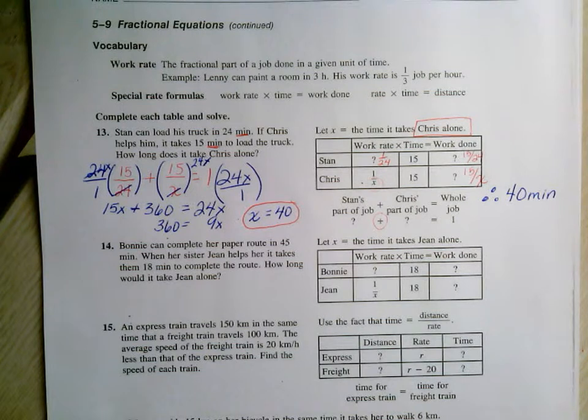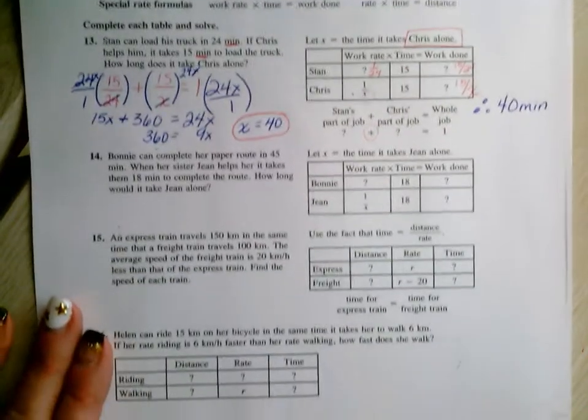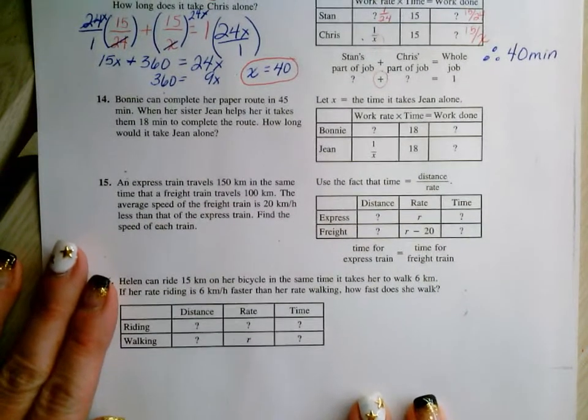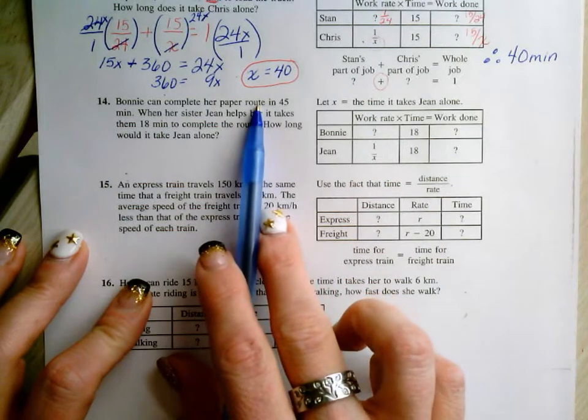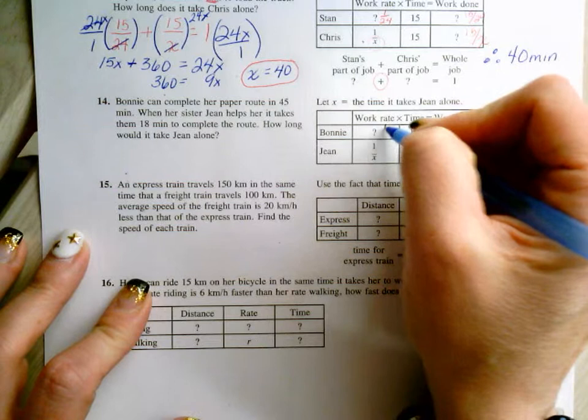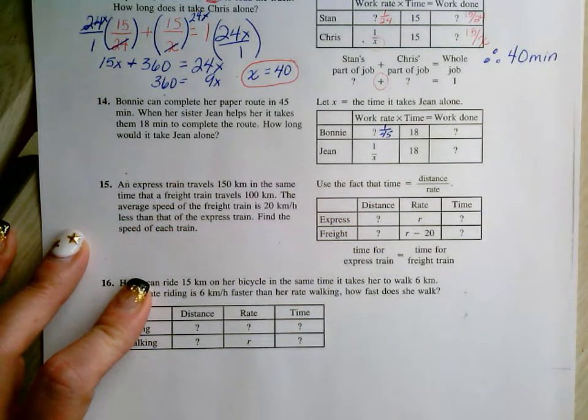Bonnie and Jean is the exact same scenario as we move into number 14. Bonnie can complete her paper route in 45 minutes. So it's one job in 45 minutes. Okay? 1 over 45.